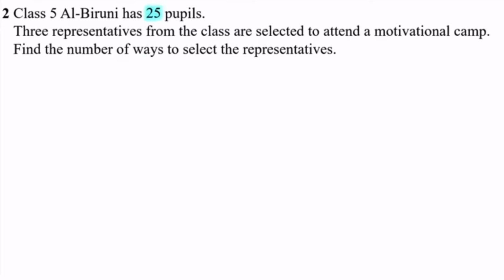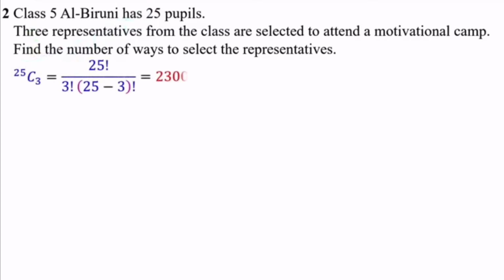So we take 25C3, where C represents choose, whereby the order is not important. The answer, you can use the formula 25 factorial over 3 factorial over 25 minus 3 factorial.